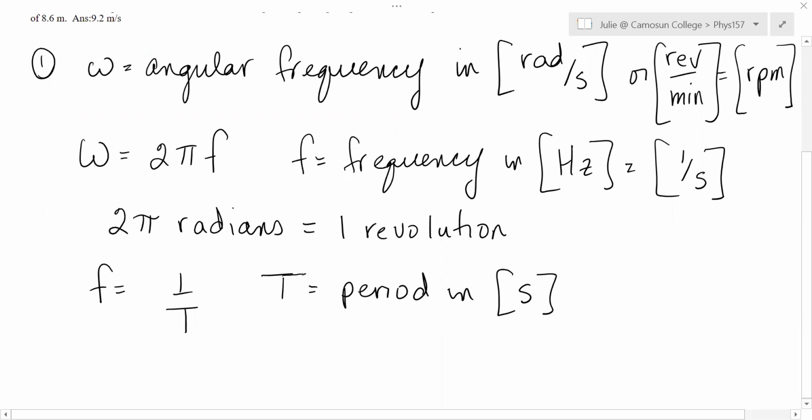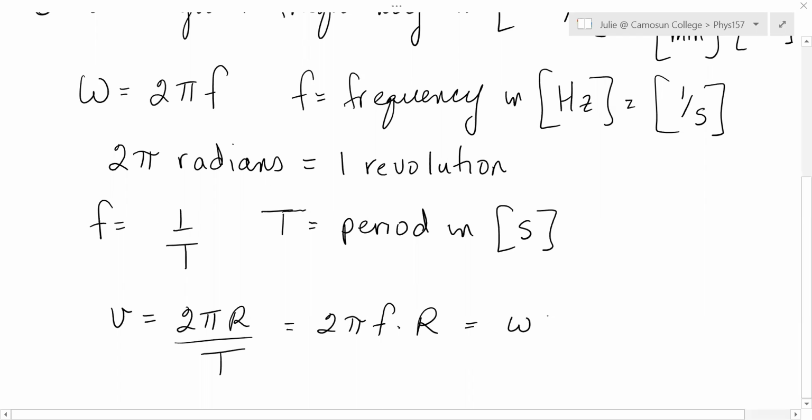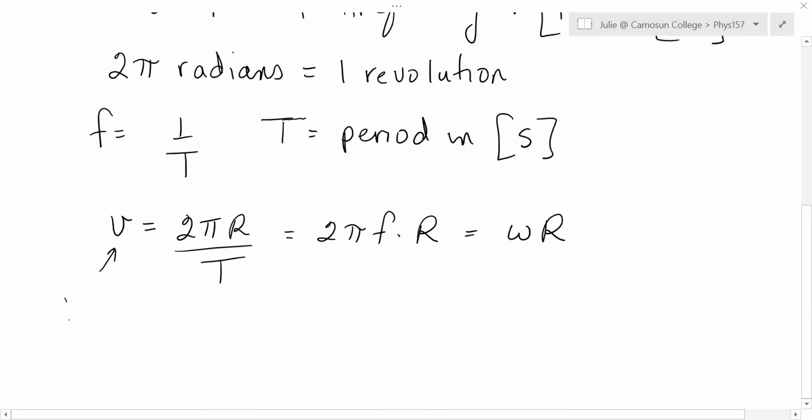So if something is undergoing uniform circular motion, the speed is the distance around the circle, 2 pi r, divided by the time it takes to go around the circle. Now, the 1 over T is frequency, so I can write this as 2 pi f times r, or I can write this as omega r. Okay, so this is linear velocity in meters per second.